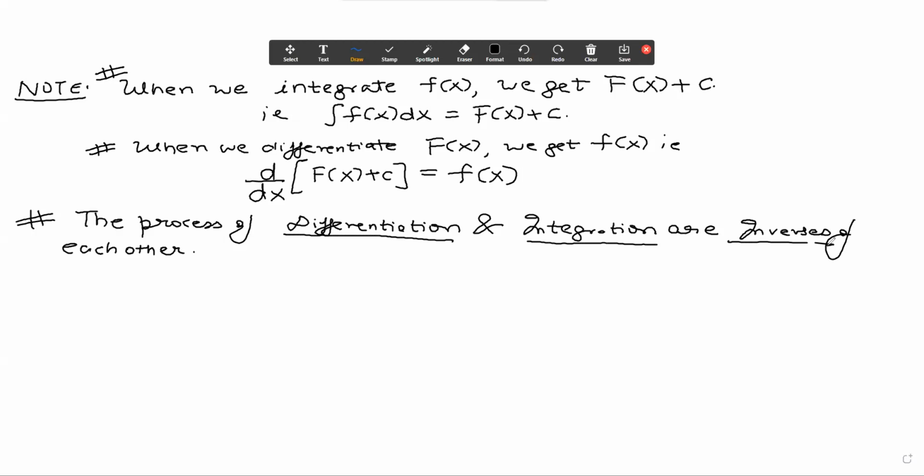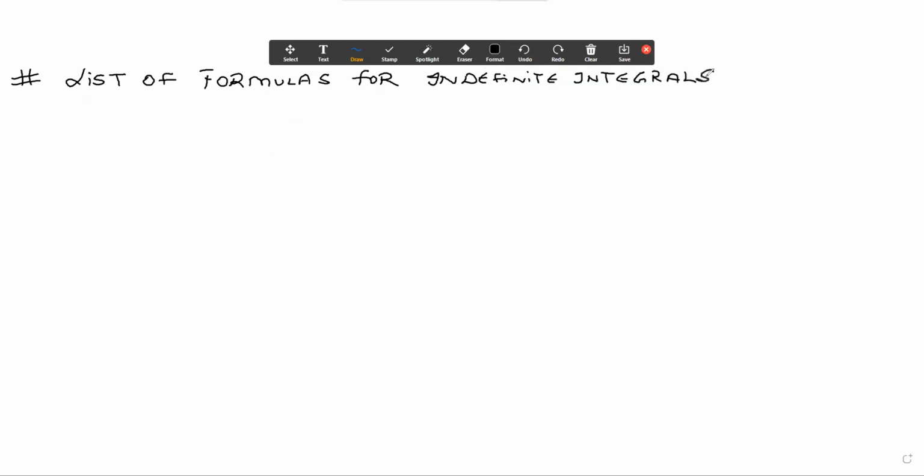Now let's do some formulae. So what we are doing today, list of formulas for indefinite integrals. Now, indefinite integrals are those integrals which are not defined in any one particular interval.